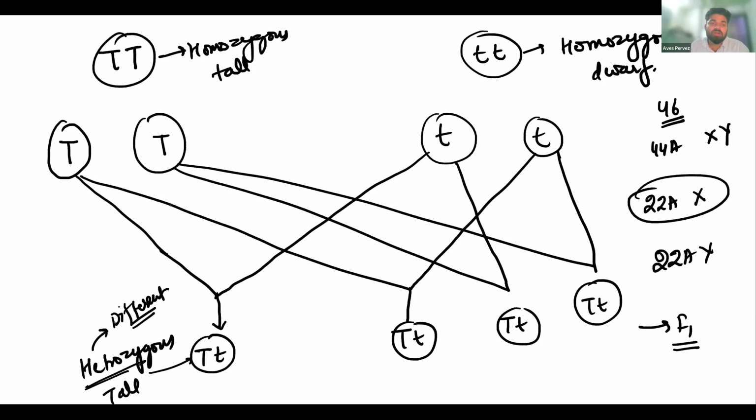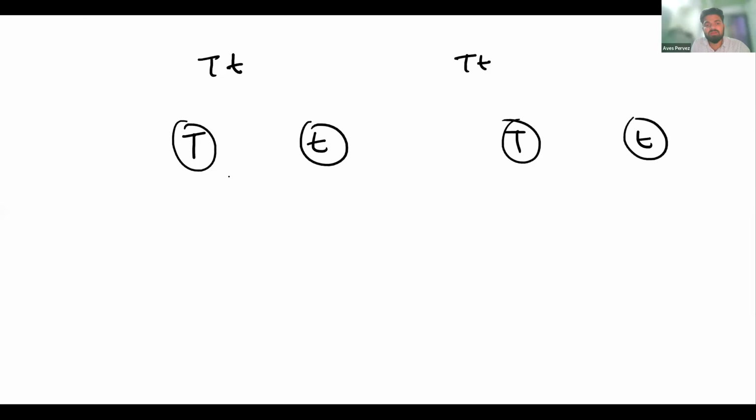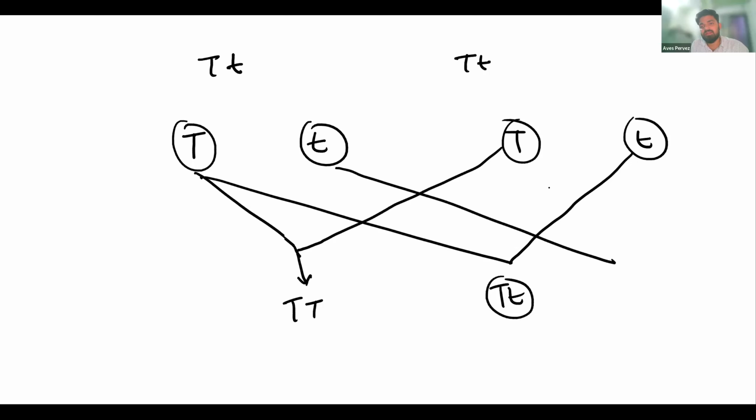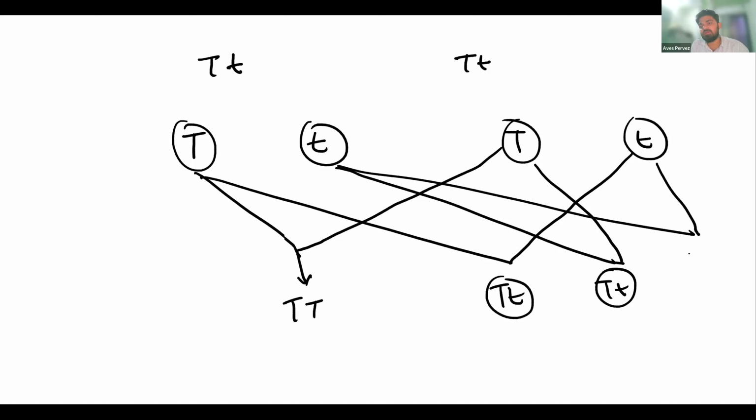Now when he self-pollinates this, self-pollinate means capital T, small t and capital T, small t. So when this fuses with this one, we are going to have tall plants. This is capital T capital T, then capital T small t, then capital T small t, and then small t small t.